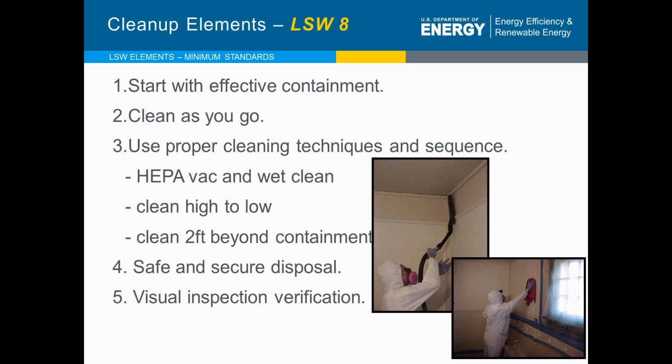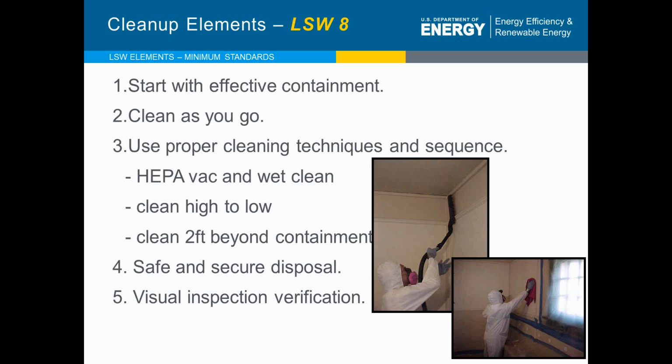Number 8, looking at after the work is being done, is cleanup. And in your training, you'll go through the various elements of cleanup. Number 3 is real key here for today, and that is HEPA vacuuming and wet cleaning. Another piece of equipment that you'll want to buy, whether it comes with your HEPA vac or not, is a paddle wand.